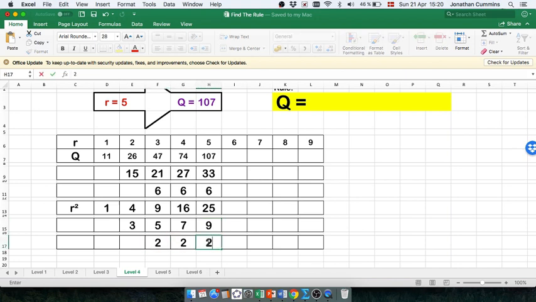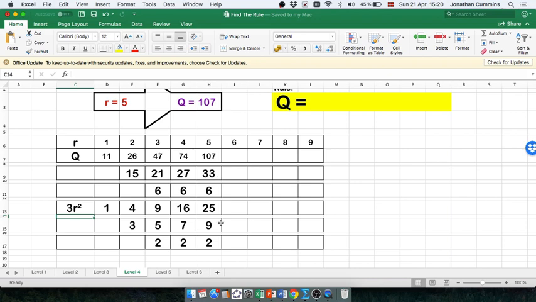So we'd like something that ends up with those numbers going up by 6 every time, but we're getting numbers that go up by 2 every time. So that gives us a clue that the rule might have something with 3 times r squared in it.